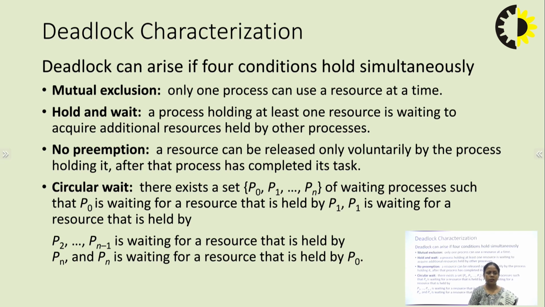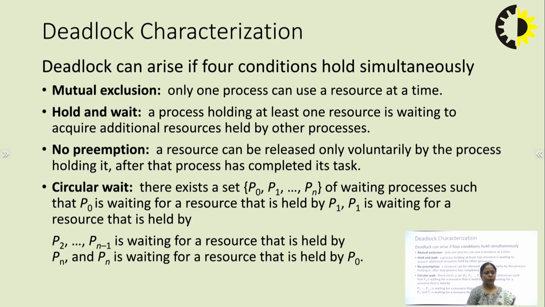That's why they cannot start their execution. No preemption is another condition for the deadlock. If we don't have preemption in our system, then a resource can be released only voluntarily by the process. The process can hold their resources for a long time. That is a very difficult situation in the system.